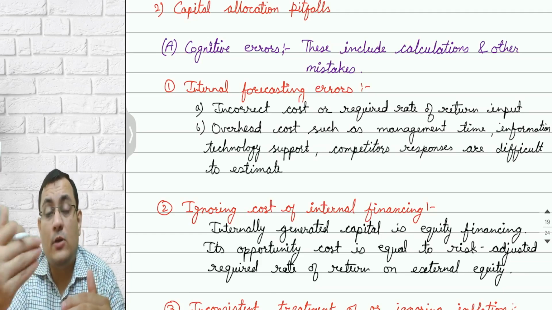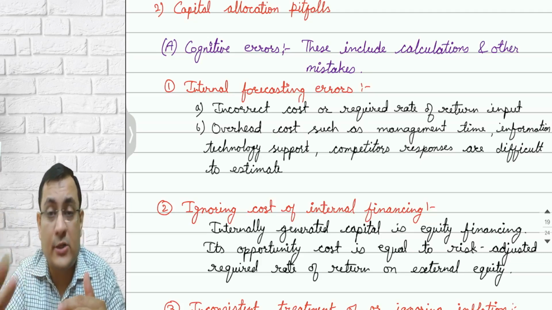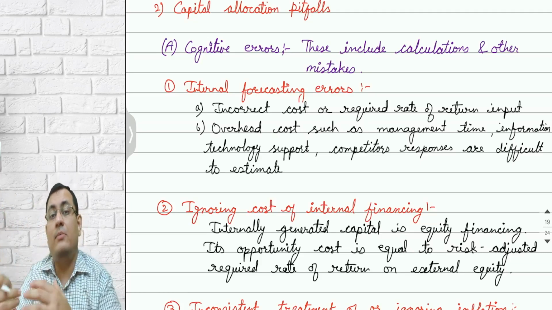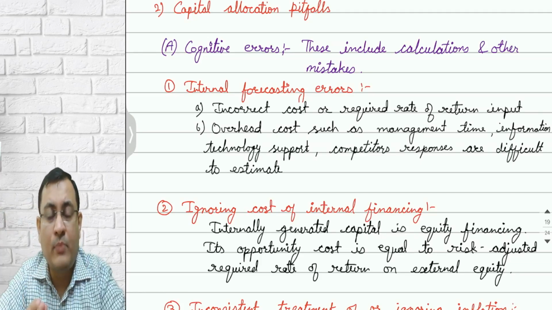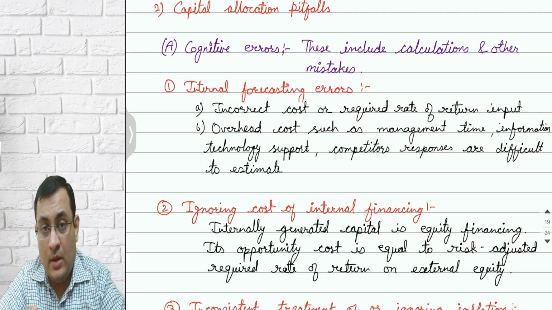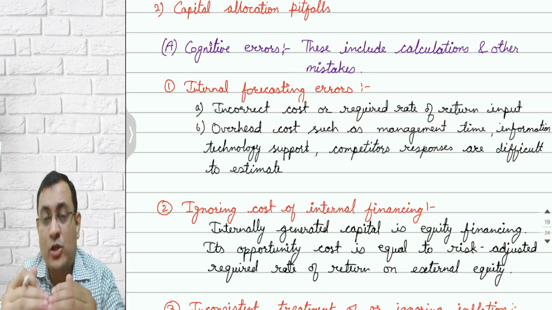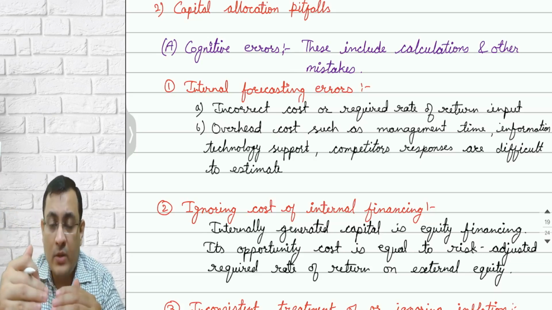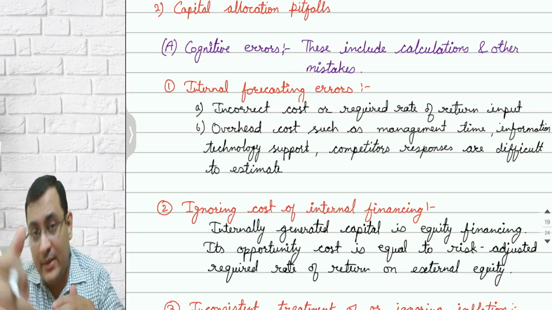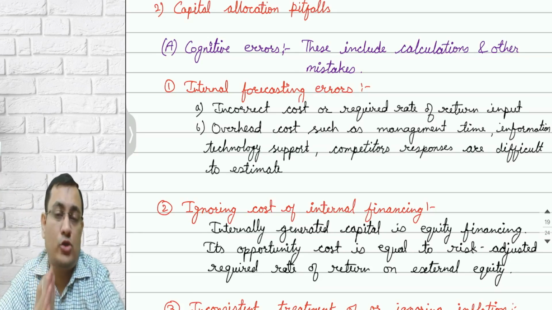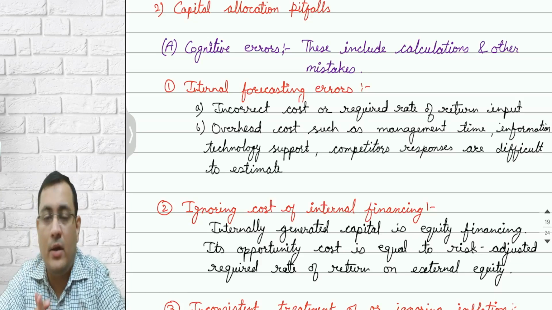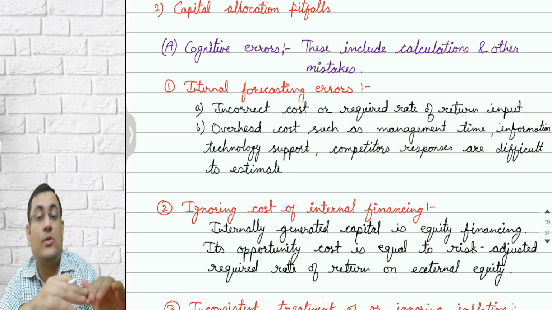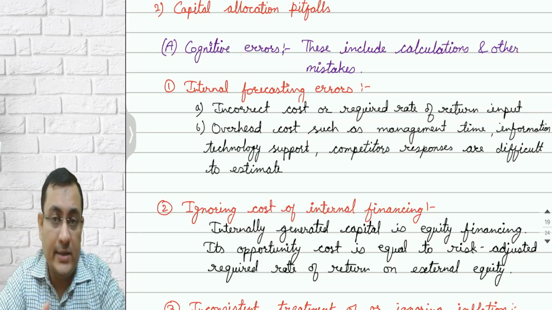Every project has its own risk profile. So if the risk profile of the new project is different from the existing business of the organization, that WACC should be changed. If the risk profile of the new project is higher, the WACC should be increased, and then that increased required rate of return should be applied as a hurdle rate, or discount rate, for the NPV calculation. And if the risk profile is going down, you should accordingly adjust the WACC.